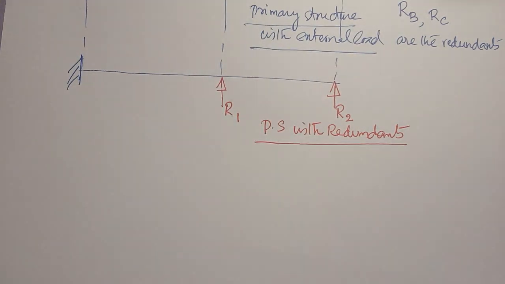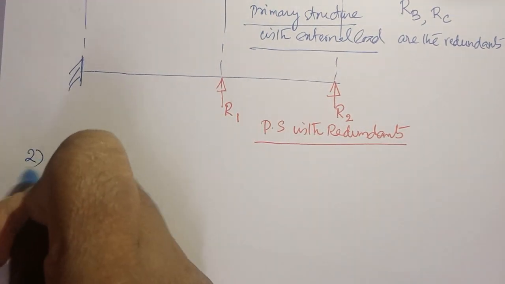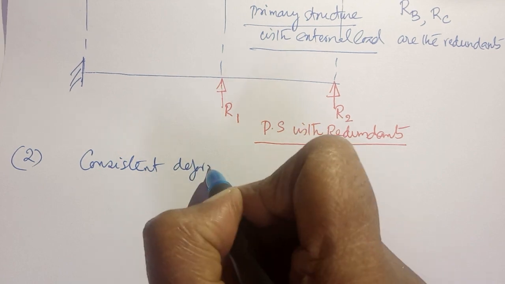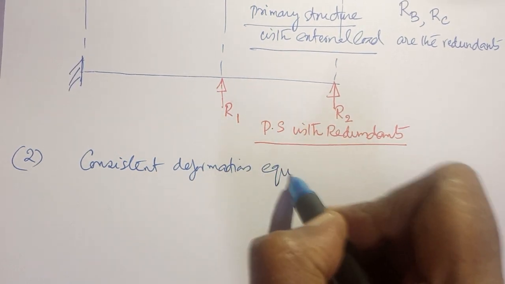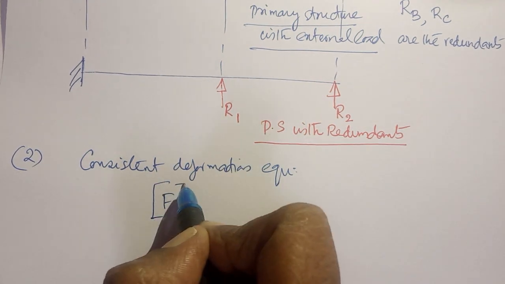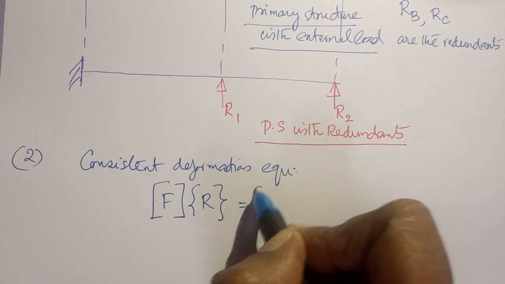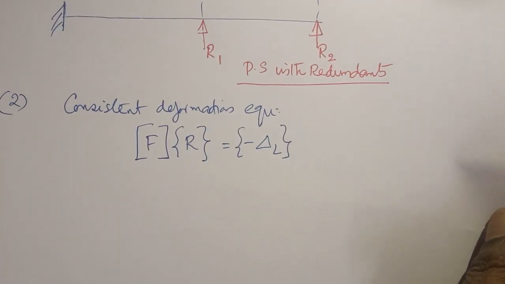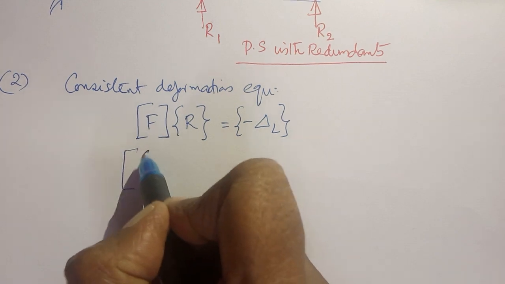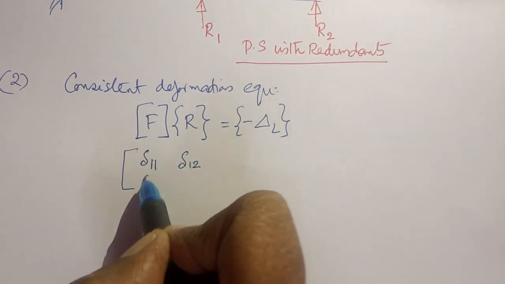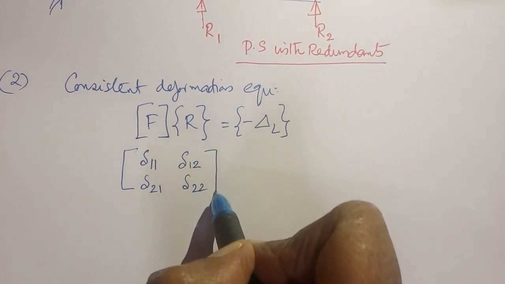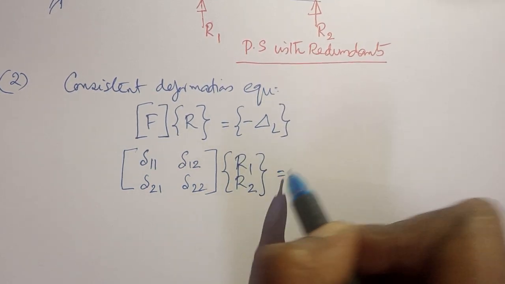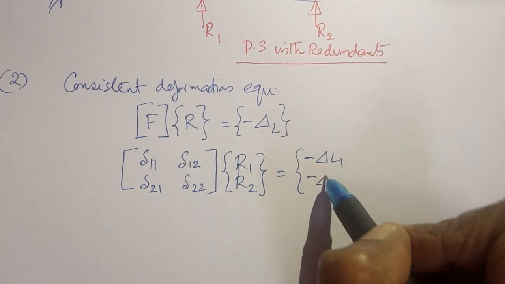Since the structure has two redundants, the consistent deformation equation, step 2, will be F into R is equal to minus delta L. There are two redundants, so the flexibility matrix F will be 2 by 2: delta 11, 12, 21, 22, into R1, R2, equal to minus delta L1, minus delta L2.